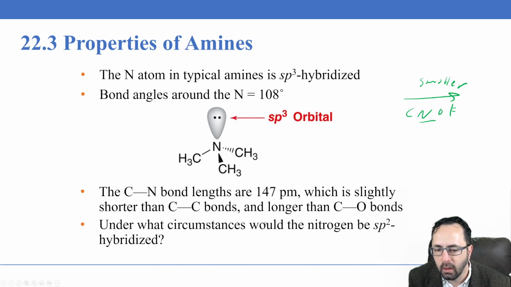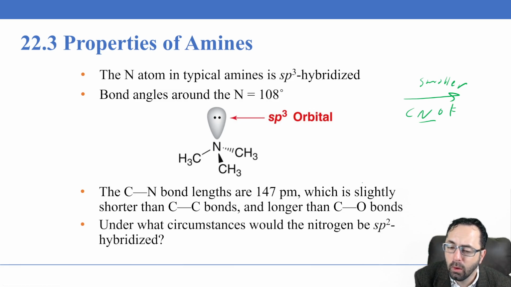The question here at the end asks, under what circumstances would the nitrogen be sp2 hybridized? So the nitrogen would be sp2 hybridized, for example, if it were involved in a double bond like this.